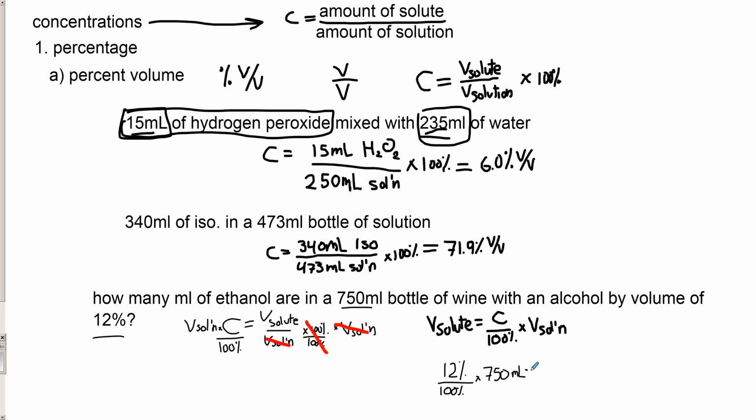So 0.12 times 750 gives me 90 milliliters of ethanol. Okay, so that's volume for volume.